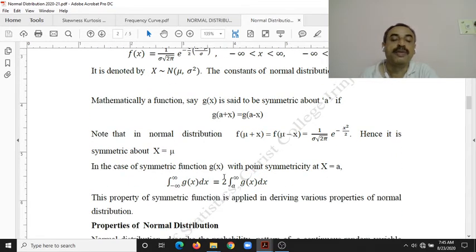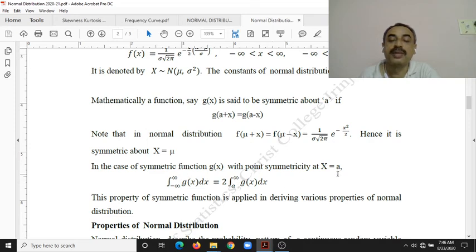Now in integration we have some properties for symmetric integrands. If any function g(x) is symmetric about x equal to a, then the integral from minus infinity to infinity of g(x) dx will be equal to twice the integral from a to infinity of g(x) dx. Here the lower limit is the point of symmetry. We know that if g(x) is symmetric about x equal to 0, that is an even function, then the integral from minus infinity to infinity of g(x) dx equals twice the integral from 0 to infinity of g(x) dx.